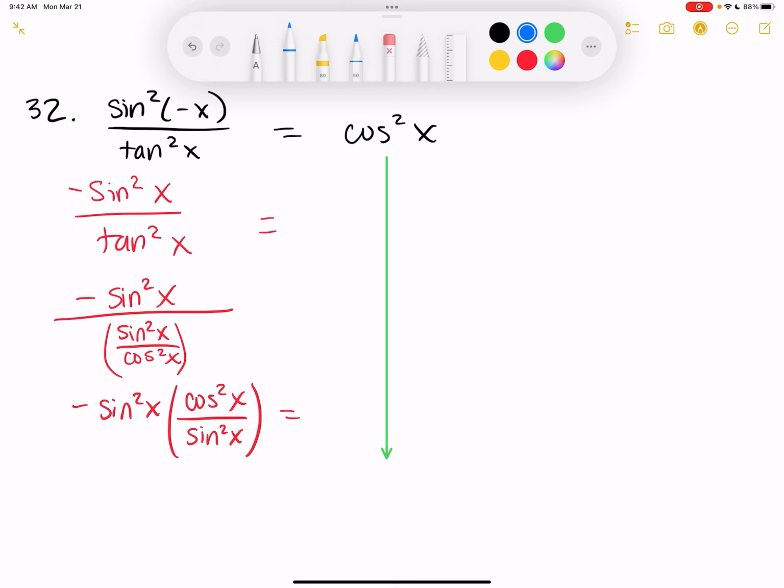Oh, hold on, let me back up briefly, because you're still going to have the issue with this negative. But if we rewrote this top part like that, because that's essentially what this is telling you to do, it's going to go away.